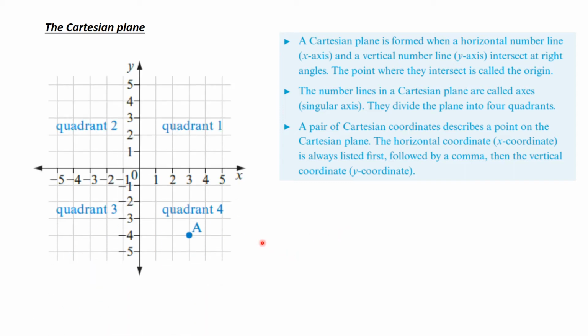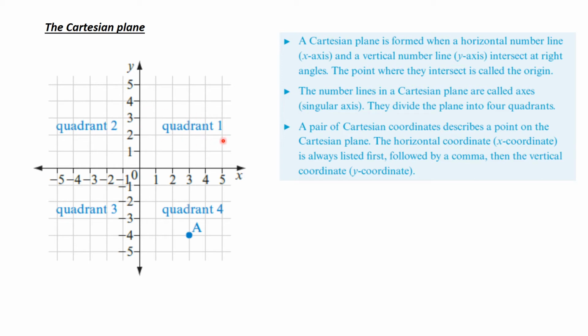So here is what a Cartesian plane looks like. You can see you have the vertical number line here, which we call the y-axis, and the horizontal number line here, which we call the x-axis. You always need to label the x and the y when you're drawing your Cartesian planes.